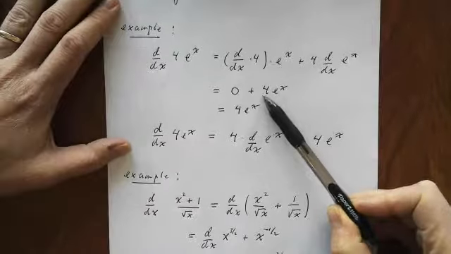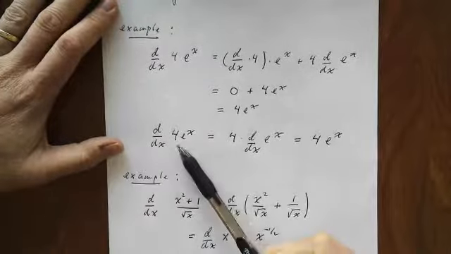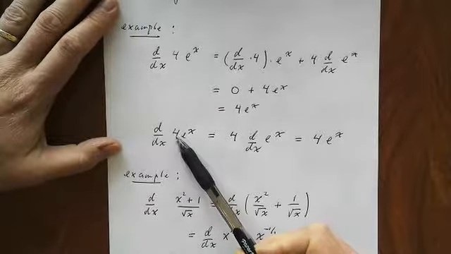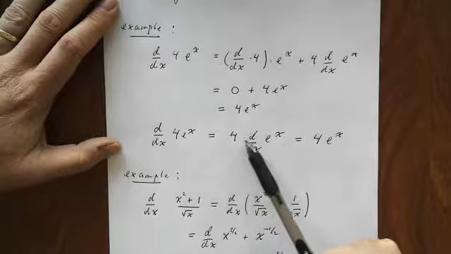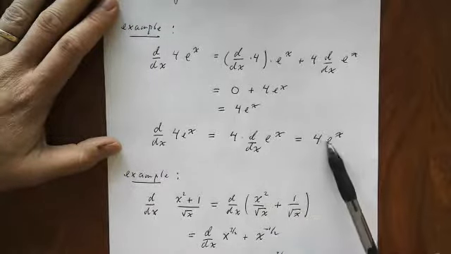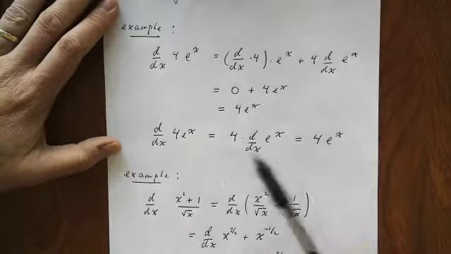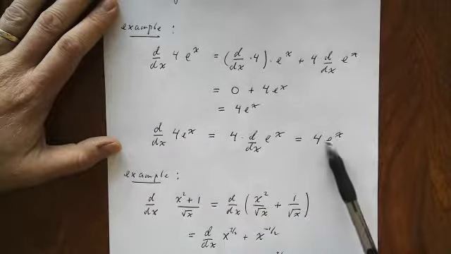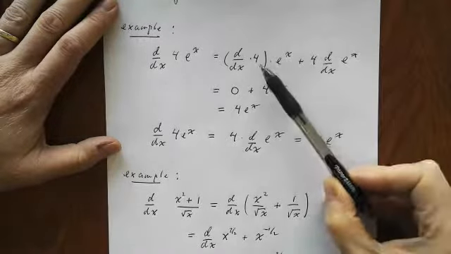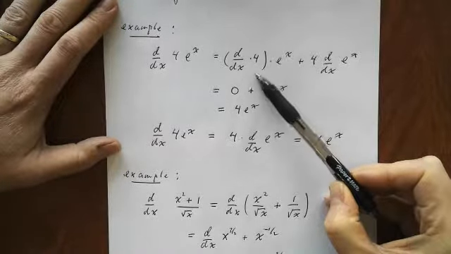So that would be valid. But we can also use linearity, which would save us a couple steps. The derivative of a number times a function is a number times the derivative of the function. And since the derivative of e to the x is e to the x, the derivative of 4e to the x is 4e to the x. Notice how we get the same thing, but using the product rule required a little more work.